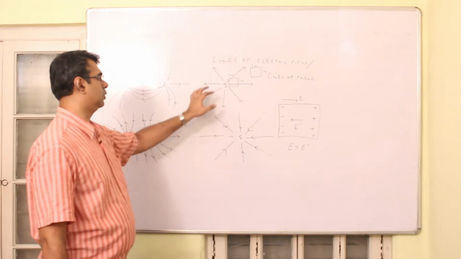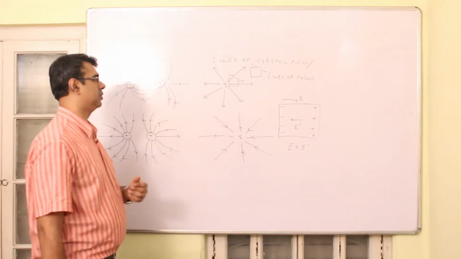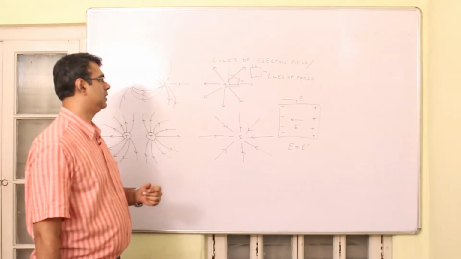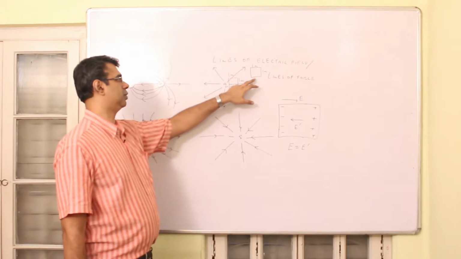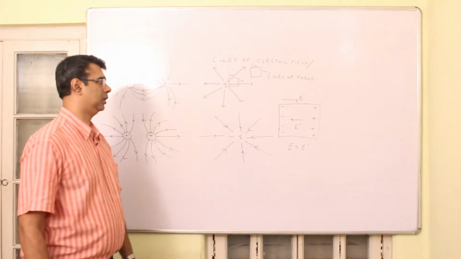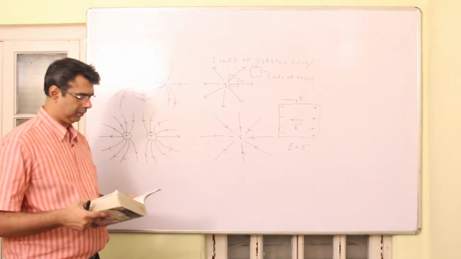So the relative closeness of the lines of force indicates the relative strength of electric field. That means we can conclude that the electric field over here will be much stronger than the electric field over here. So this is point number 5.